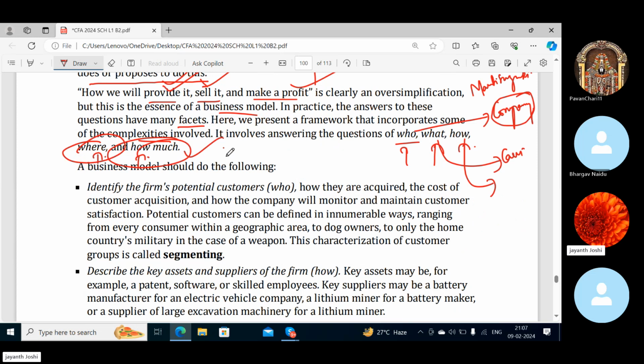So a business model should do the following: identify the firm's potential customers, like who, that's what we discussed right now. Who are the ones whom the company is targeting? Maruti is making an SUV, a sports utility vehicle. Who are they targeting? Old people? Mid-age people?